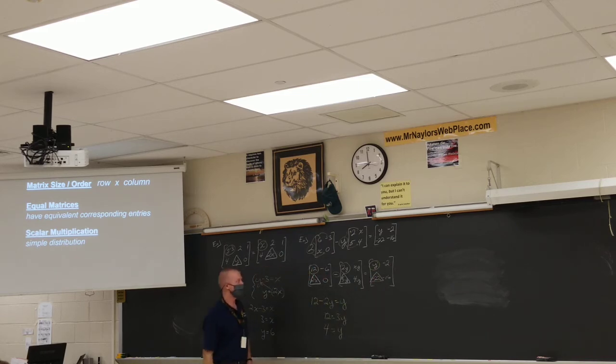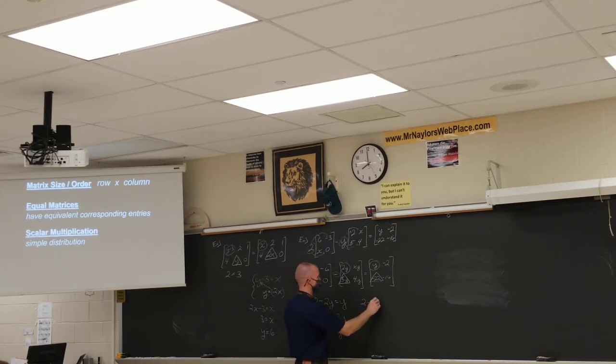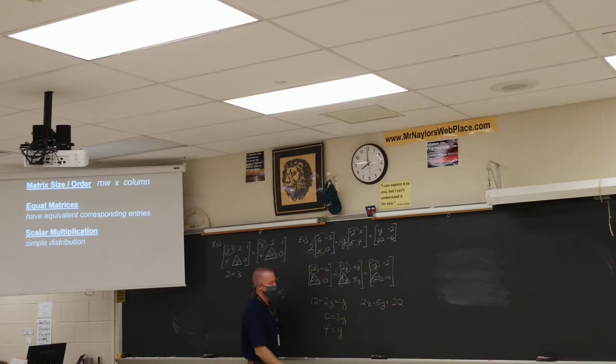And of course, when we do subtraction, we just subtract those corresponding entries. Okay, so I think we have enough information there to solve for x, especially that we already know what y equals.